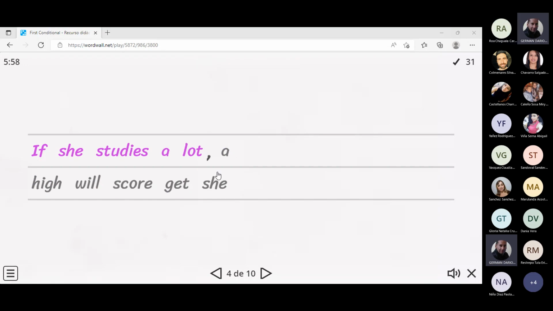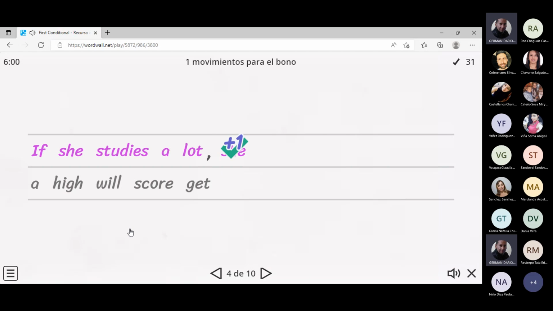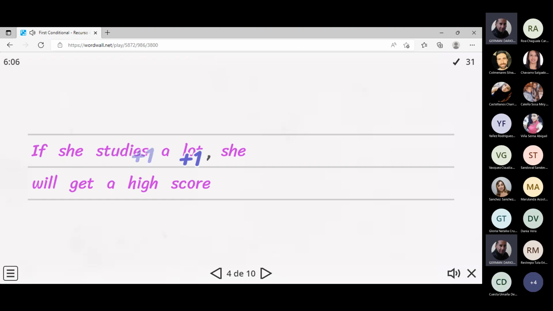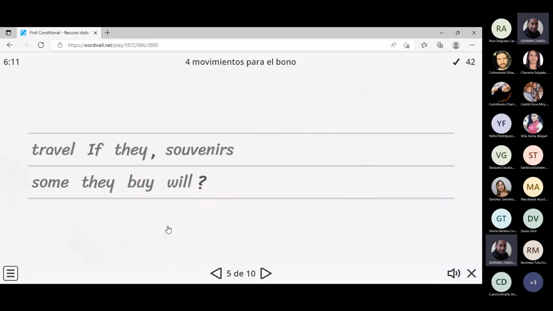She will get a high score. Yes, very good. What's your name? Andrés Roa. Excellent, Andrés. Teacher, al principio dice, si ella estudia mucho, ella high score, o sea, tiene buena nota o algo así. Sí, tiene un puntaje alto. Ok, gracias. Okay, next.